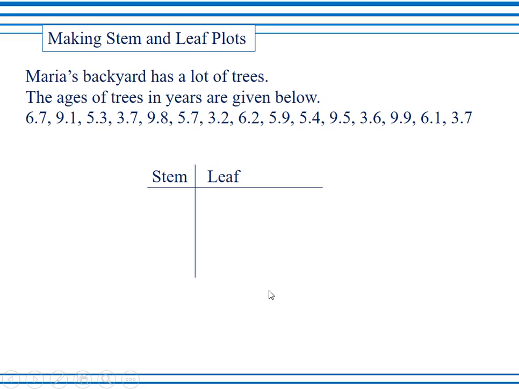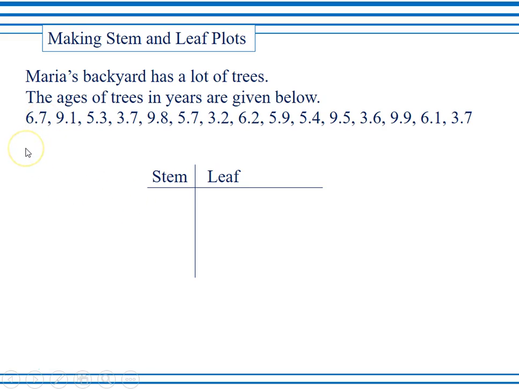Okay, so let's look at another stem and leaf plot. It says Maria's backyard has a lot of trees. The ages of the trees in years are given below. So it looks like ones is our biggest place value now, and tenths is our smallest place value.